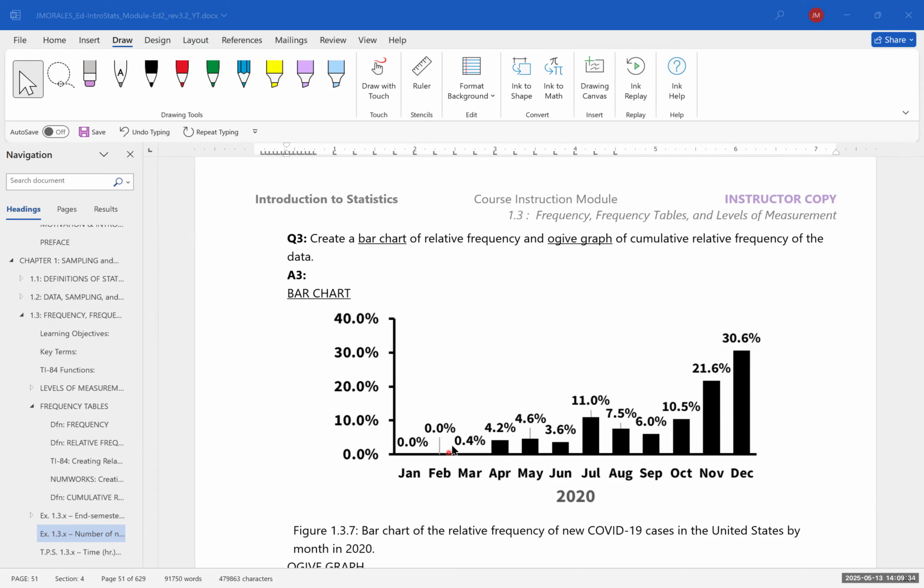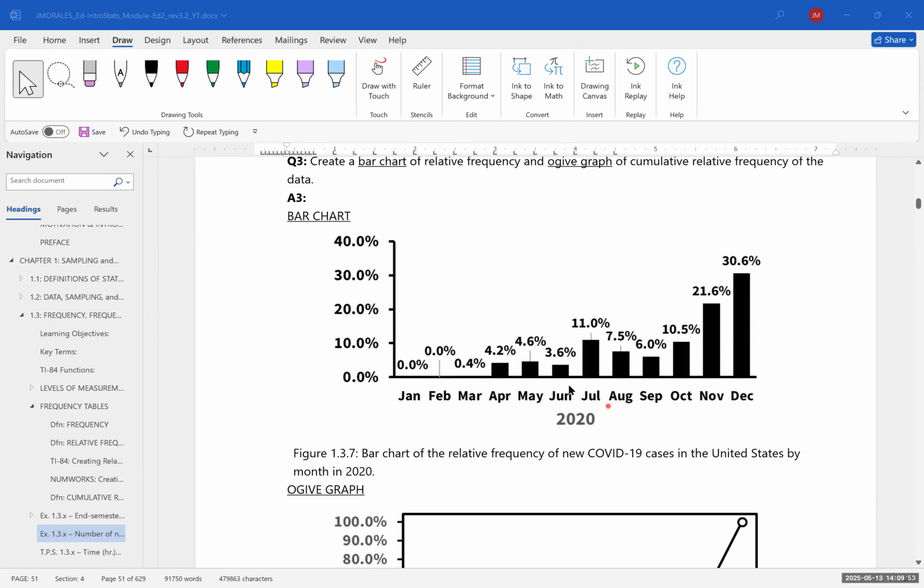Here I chose to put data labels in to give the exact numbers. I could have done horizontal dashed lines if I wanted to, but I think putting these data labels actually makes it a little bit easier to see what these numbers exactly were.